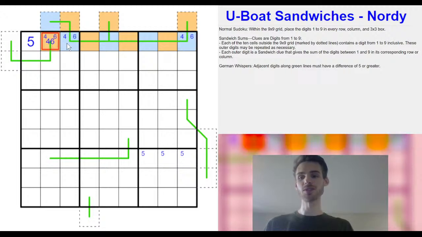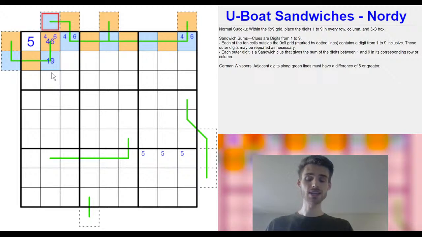If this wasn't a 4 or 6, then you'd have to put 4 and 6 here, and 4 and 6 are not the same parity. So since this is 4 or 6, this must be 1 or 9. And we also know that this is blue, blue, orange, orange. This being a 1 or 9 means that this cell, which is either a low digit or a high digit, is going to be the sum of whatever's in here.